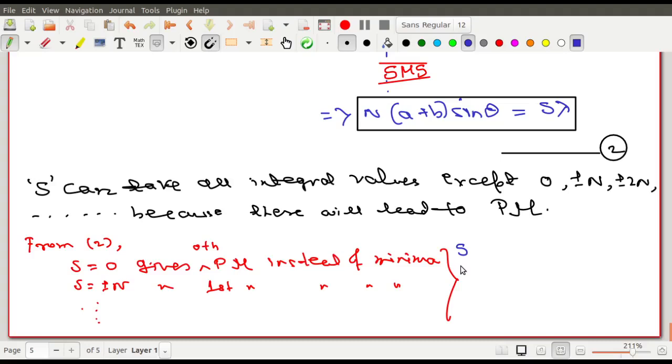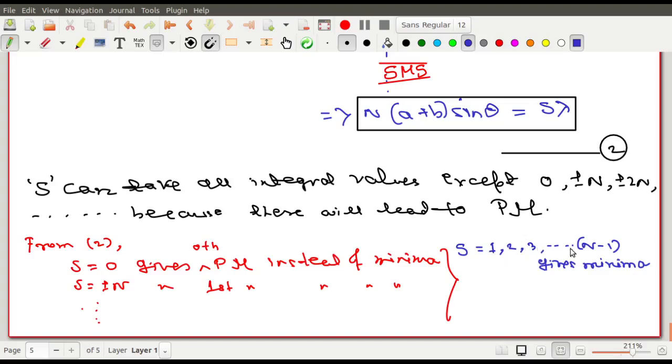So let's see what the possible values are. Try to understand this carefully.